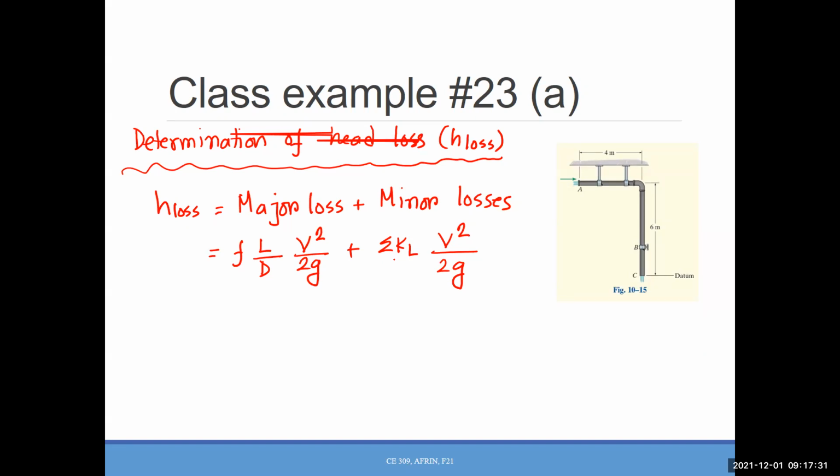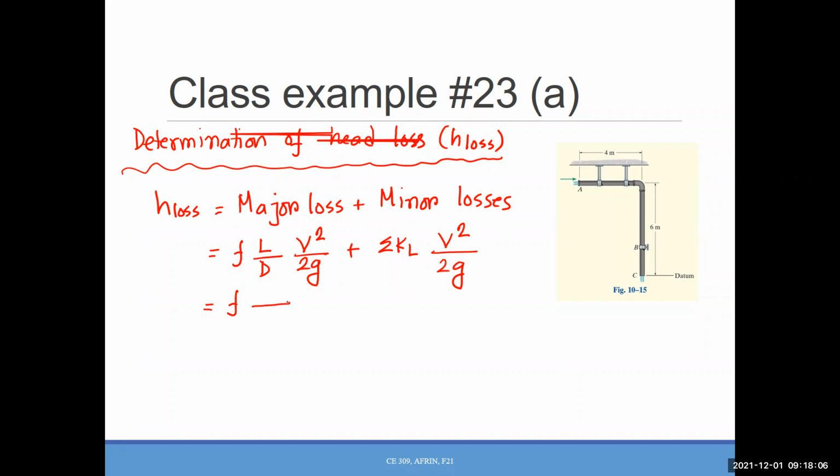What's that one called? The first one's called the Darcy-Weisbach equation. And for the minor one, there is no name. It's just the equation. So now we will again try to identify what values we already know and which one we don't know. Do we know f at this point, friction factor f? It's not given, and at this point, I don't know how to calculate that. So I will just keep f as it is here.